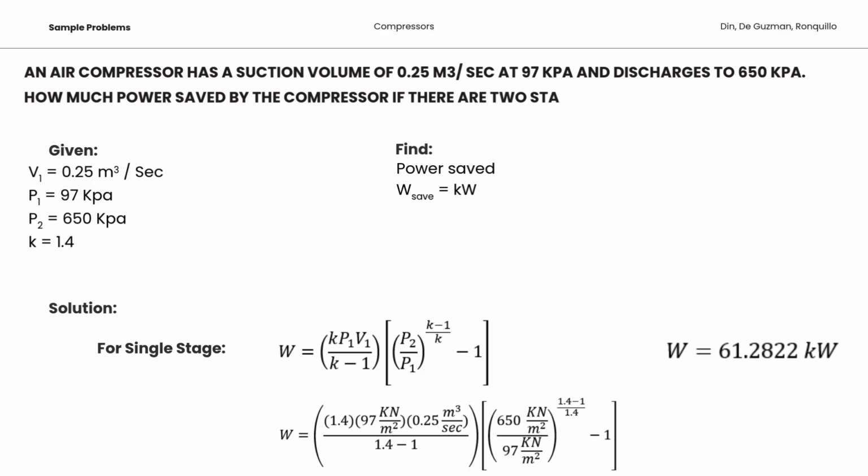So, ang matitirang unit is kilonewton meter per second or kilojoule per second or kilowatt. So, ang makuha natin for single stage is 61.2822 kilowatt.